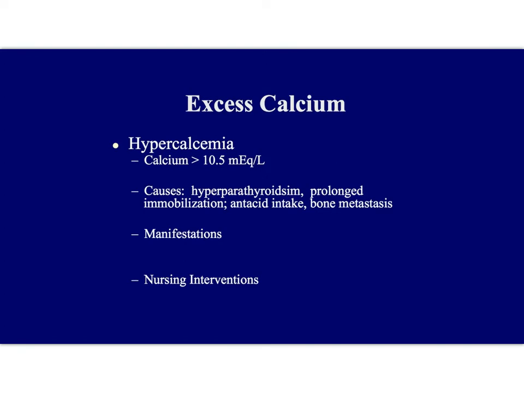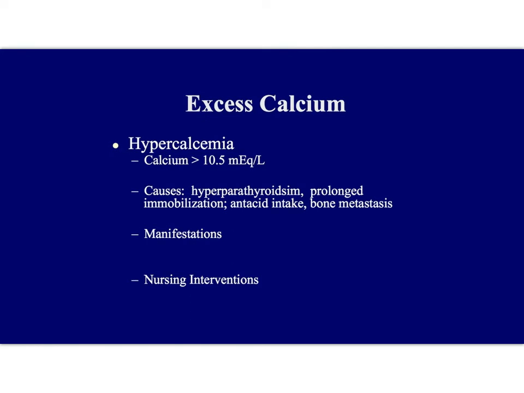We talked about immobility in Unit 1. Remember, we talked about how it affects the bones. In prolonged immobility, the calcium actually starts leaching out of the bones, and that calcium goes back into the cardiovascular system. And so your calcium levels go up.